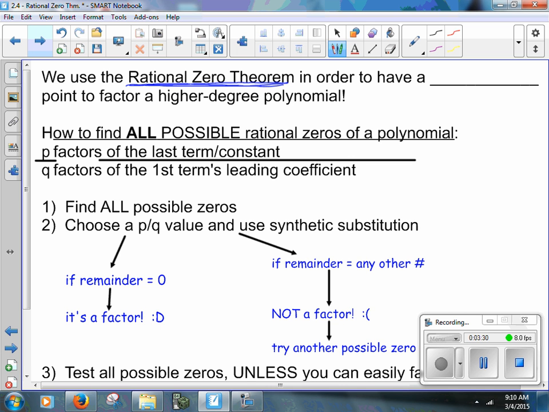You need to put on your paper that the rational zero theorem gives us a starting point to factor higher degree polynomials. We're going to come up with something a whole lot shorter than that to write. So don't write anything below my blue line, okay?